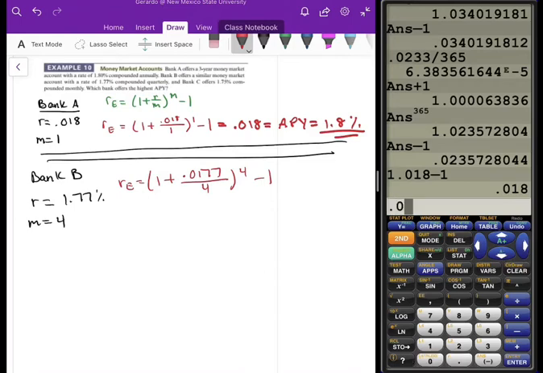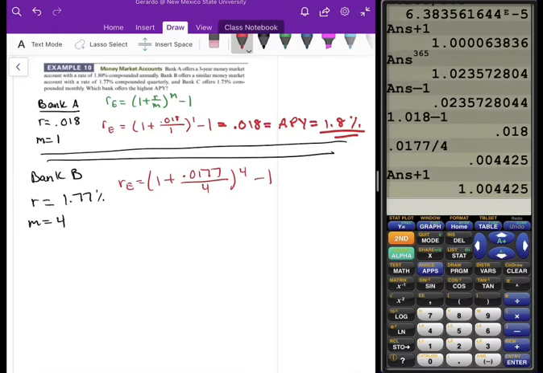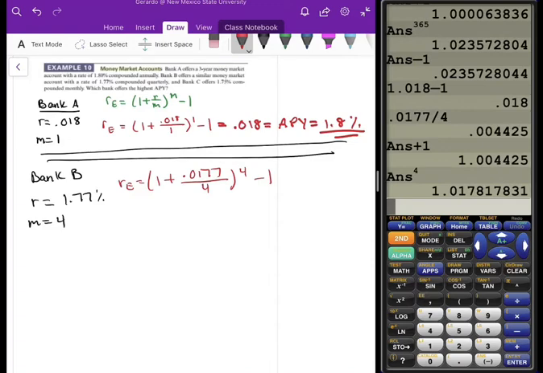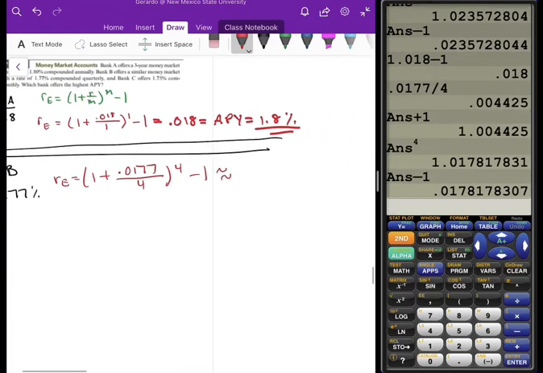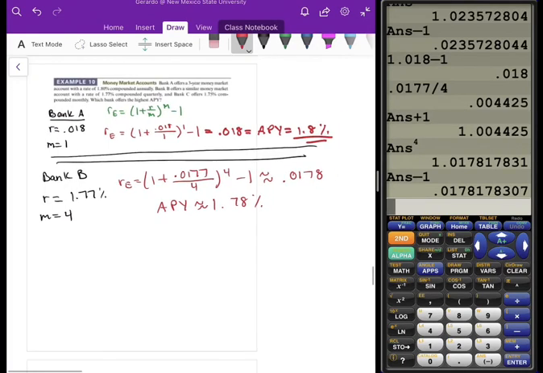We get that into the calculator: 0.0177 divided by 4 plus 1 to the power of 4 minus 1. So this is approximately 0.0178. So that means that the APY for this bank is approximately 1.78%.